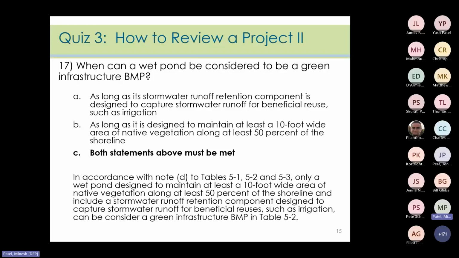In accordance with Note D to Tables 5-1, 5-2, and 5-3, only a wet pond designed to maintain at least a 10-foot wide area of native vegetation along at least 50% of the shoreline and include a stormwater runoff retention component that's designed to capture stormwater runoff for beneficial reuses, such as irrigation, can be considered a green infrastructure BMP in Table 5-2.